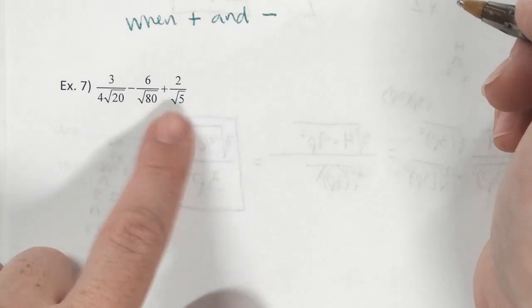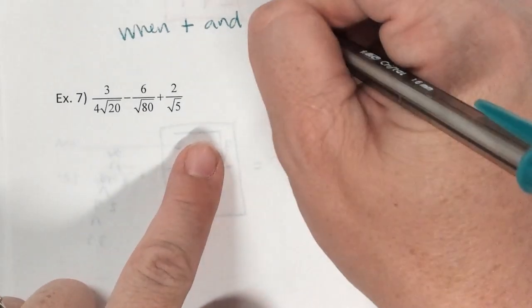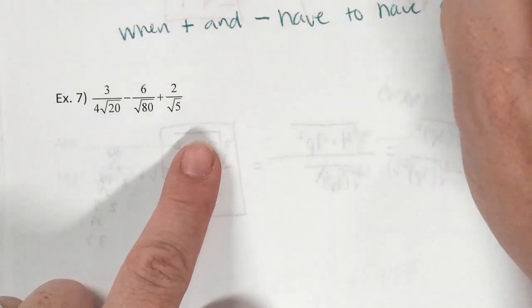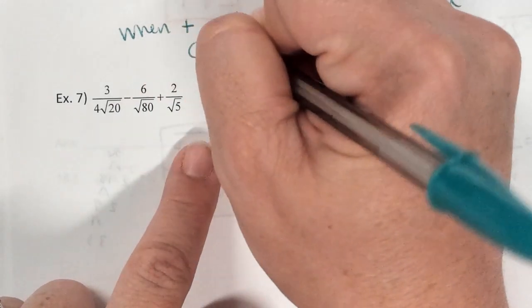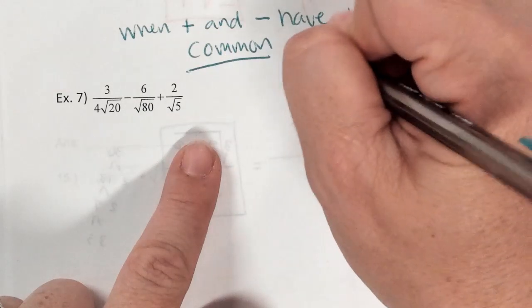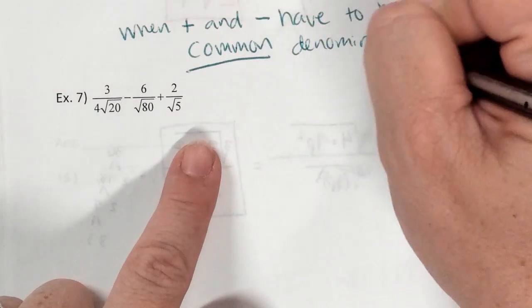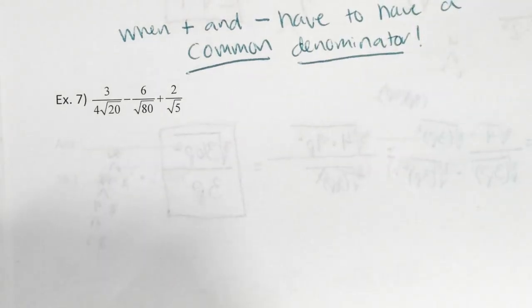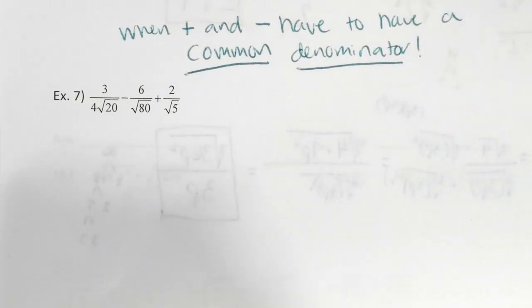They have to have a common denominator. And as of right now, do they have a common denominator? No. So we have to make sure we can make them have a common denominator first.